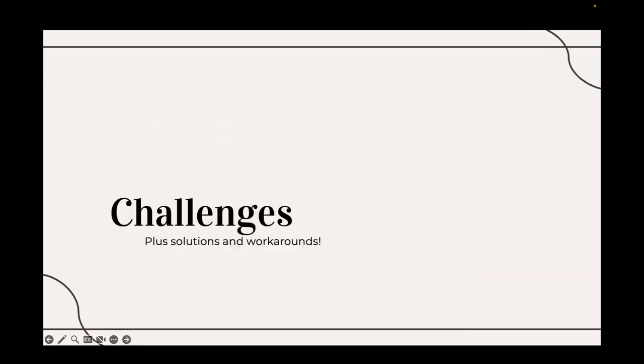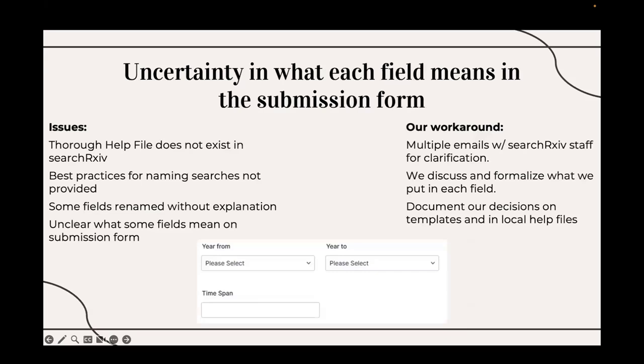So, some challenges. Nothing's without challenges. We found that there's a lack of documentation and help files in searchRxiv. While there is a submission guidelines section, it's not very thorough and does not address the many questions we had while we were entering information in our submission form. And we didn't have any guidance on how to name our searches, which we realized we had to really think about once it showed up in our scholarly profiles.